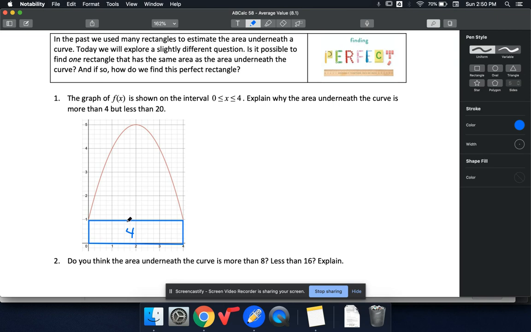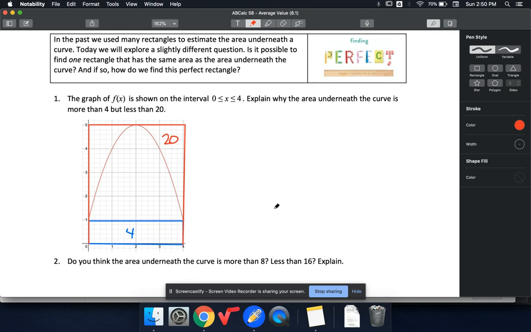Less than 20? Well, if I look at the rectangle that surrounds it, we've got a height of 5 and a width of 4. So this rectangle has an area of 20, and certainly our curve is underneath that, so we have all this extra space. So definitely our curve's area is between 4 and 20.